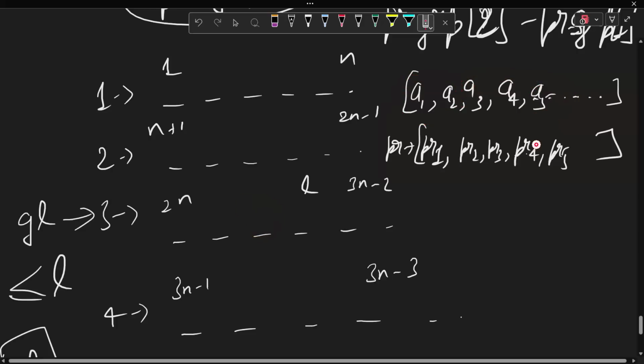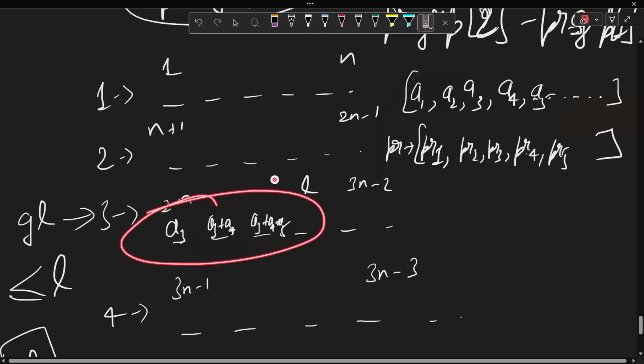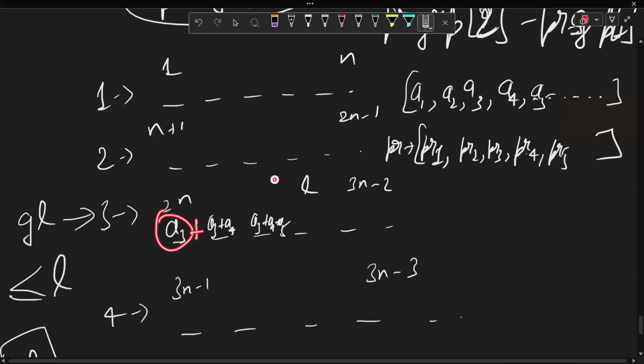If you want the sum from A3 to A4, prefix 4 minus prefix 2 would give you that. But one by one, you cannot calculate this. You need to get the sum of this whole thing: this is A3, this is A3 plus A4, this is A3 plus A4 plus A5. You need to get this sum: A3 plus A3 plus A4 plus A3 plus A4 plus A5.